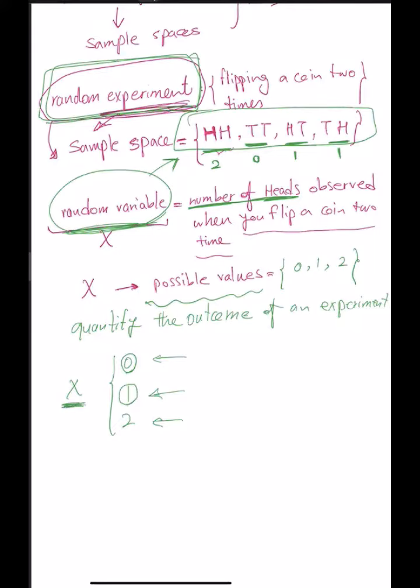Of 2? So I need to be able to calculate those as well. What is the probability that the random variable gets value of 0? That happens only if this outcome is observed. What is the chance that when I flip a coin 2 times, I observe this outcome?